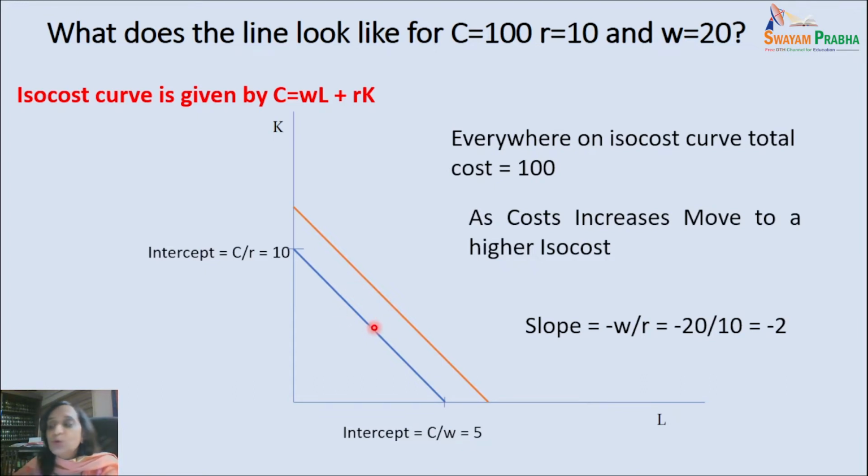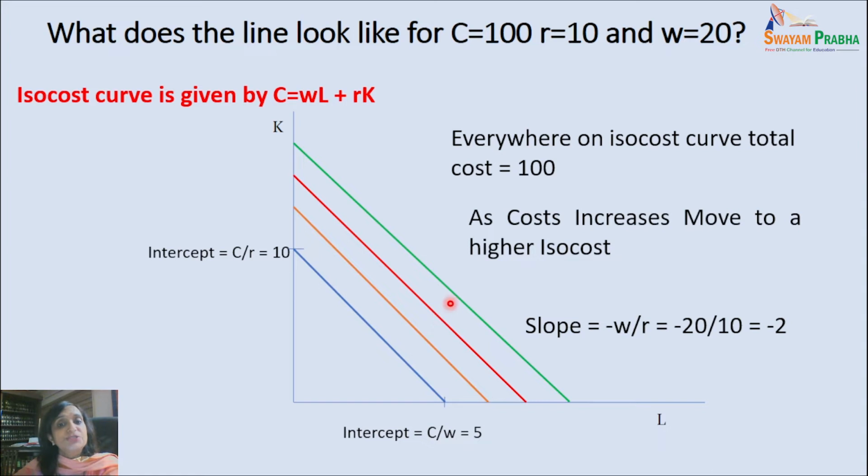So your isocost line will shift outside. These are all examples of how isocost lines shift outside when there is an increase in the cost. It will be vice versa. The lines may move from green to red to yellow to blue inwards if the cost is declining. If the cost is increasing, the lines will shift outside.